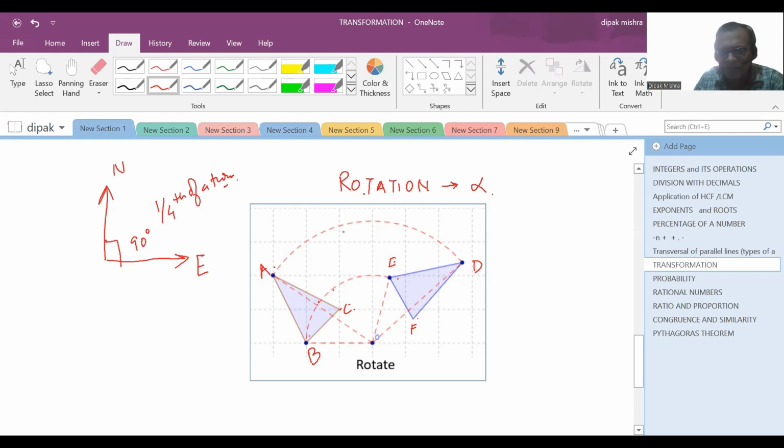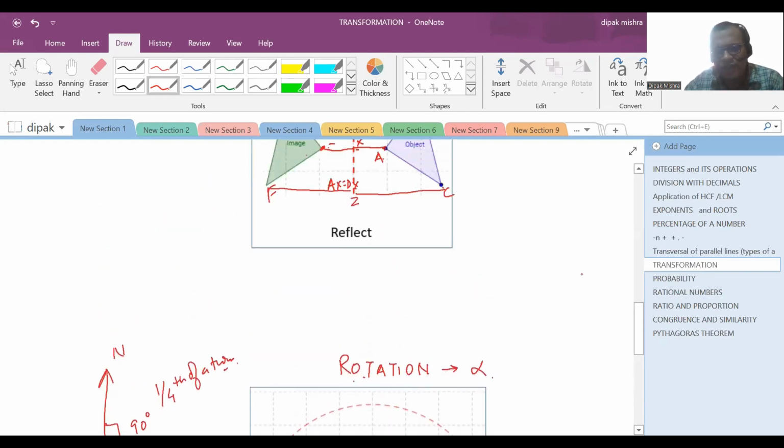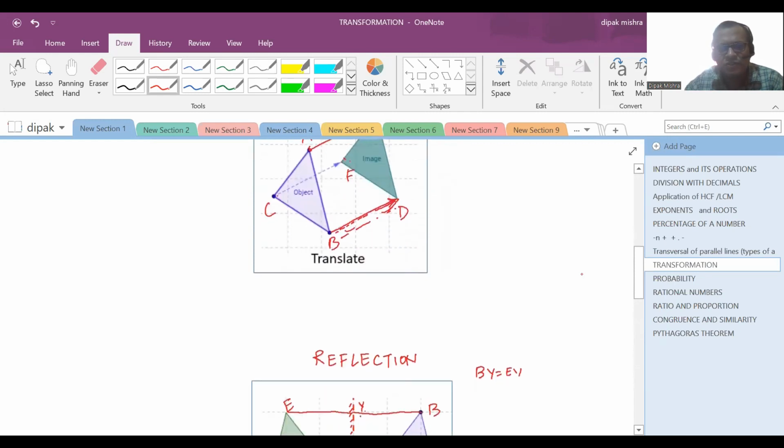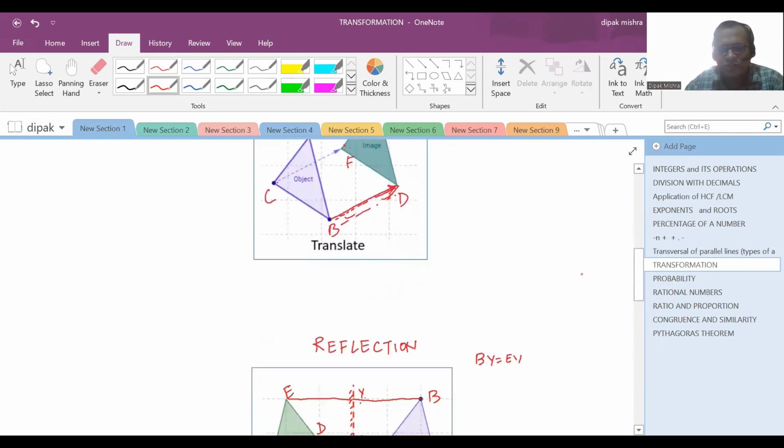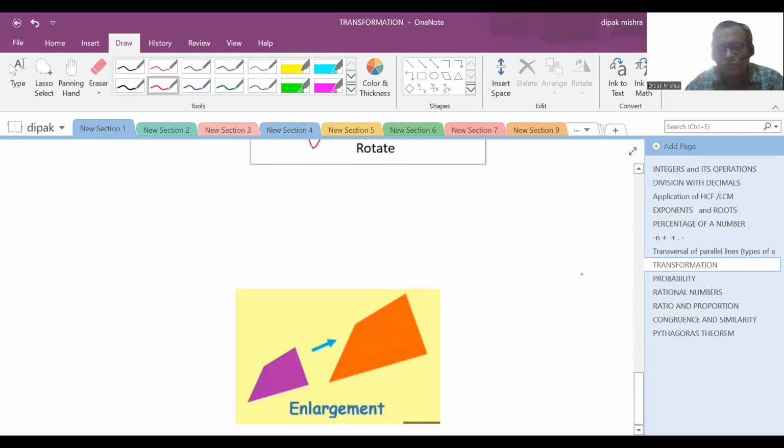If that happens, then we call the transformation a rotation. So three kinds of transformation: translation, reflection, and rotation.